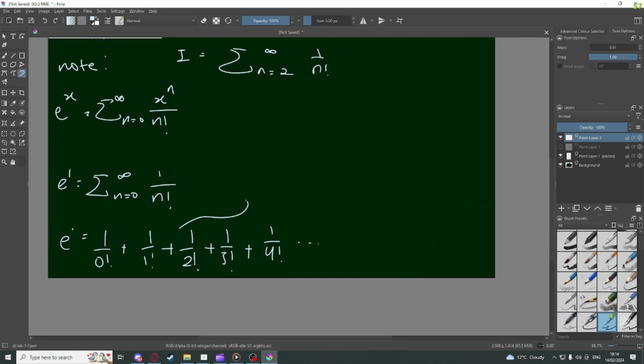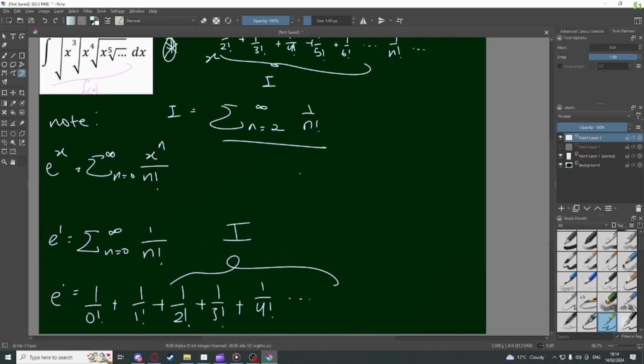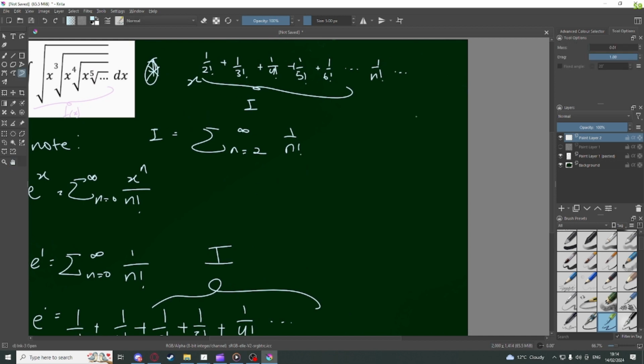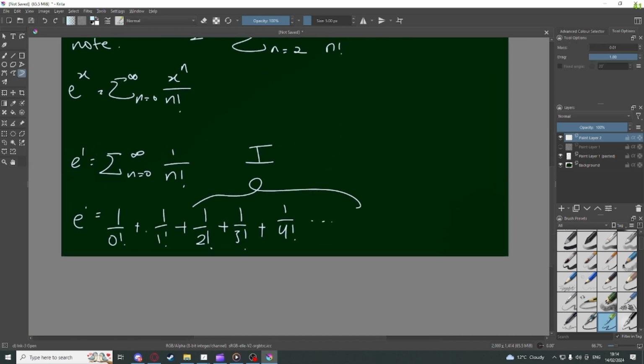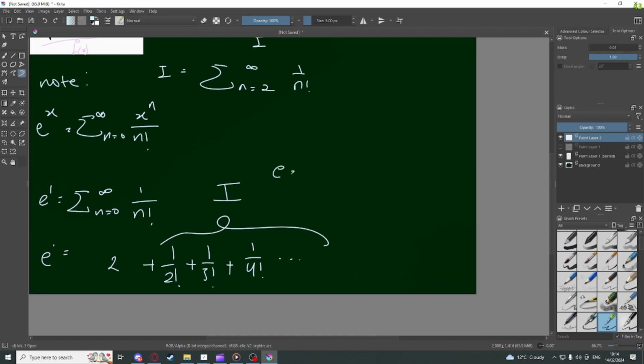Notice that this here is our integral, I. 0 factorial is just 1, so this becomes 1, and 1 over 1 factorial is also 1. So e can be simplified to e equals 2 plus I, and rearranging for I, e minus 2.